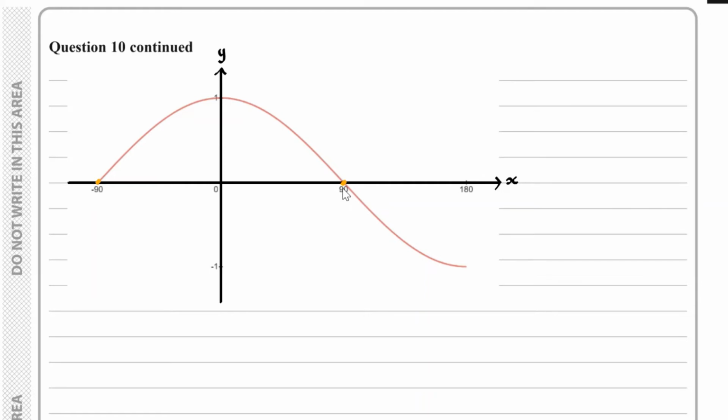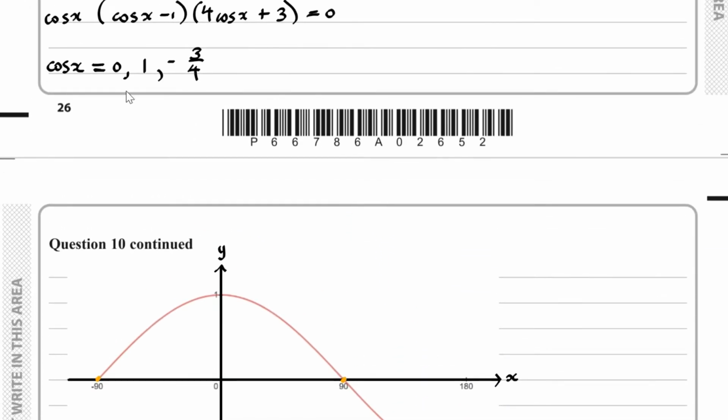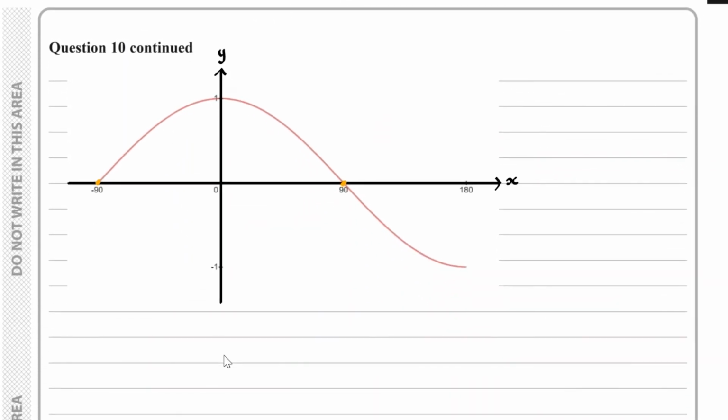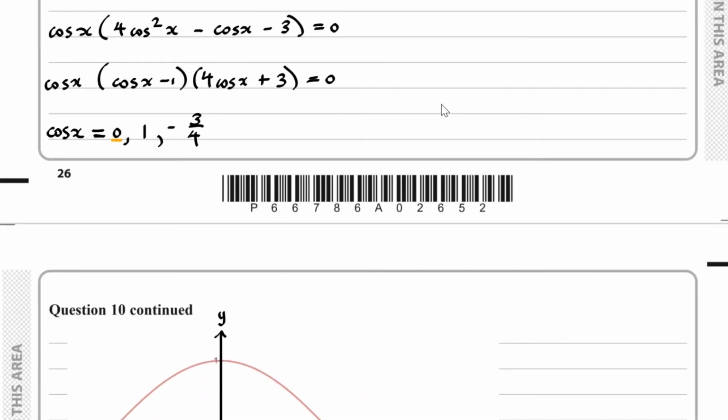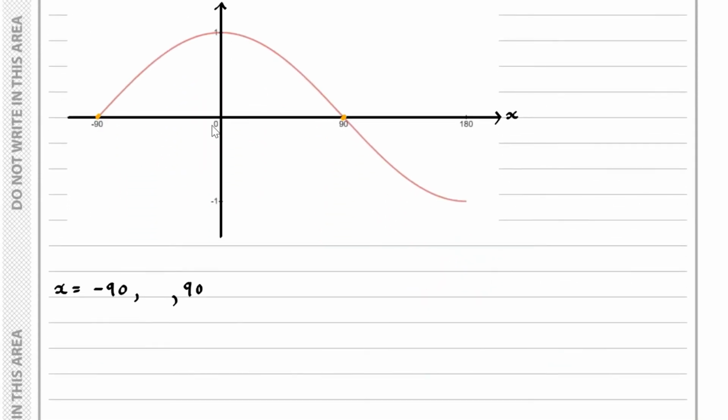So when cos x is equal to 0, we see that we have x equals minus 90 and 90. And we also see that when cos x is equal to 1, we have a solution of x equals 0. We can see that over here.